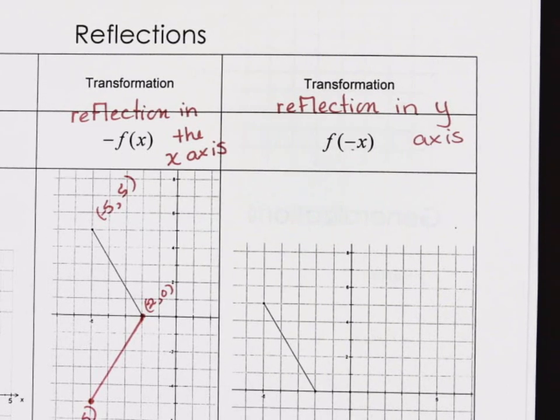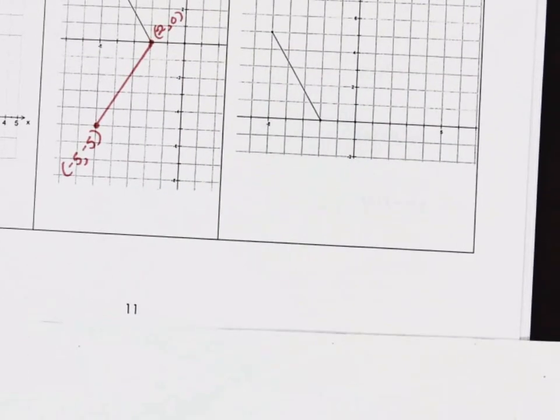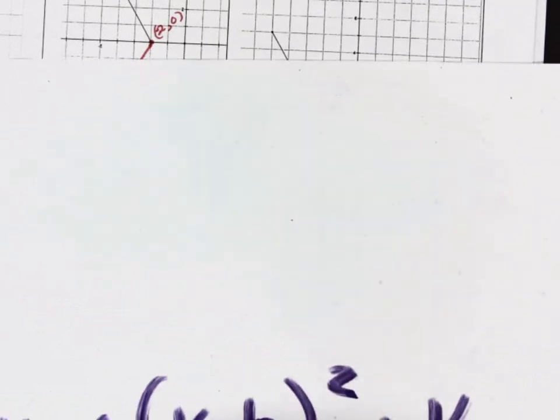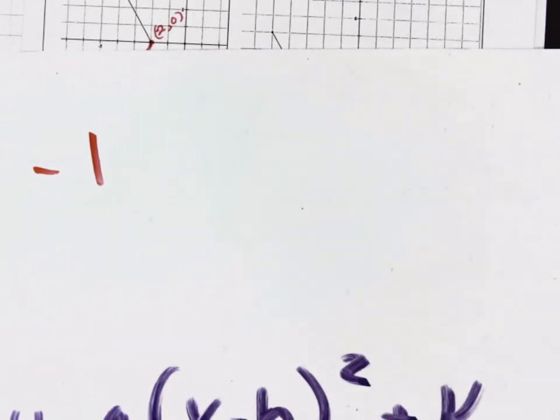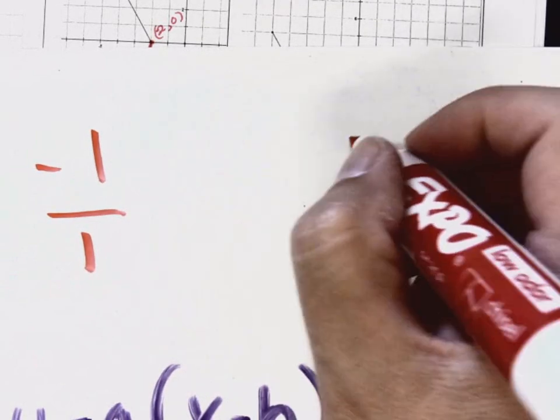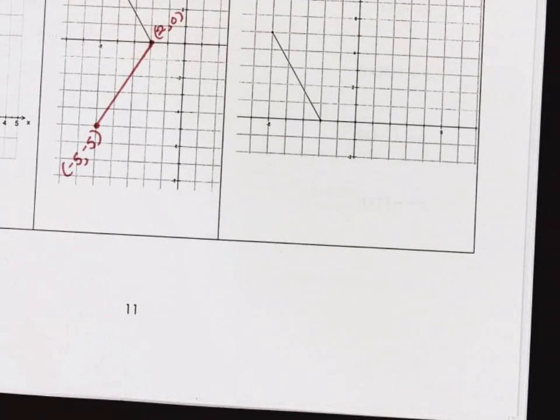If you flip it, it's still -1. If I do the reciprocal of it, it's going to be +1 over -1, which when divided is the exact same number. So that's why reflections are straight, they're easy.